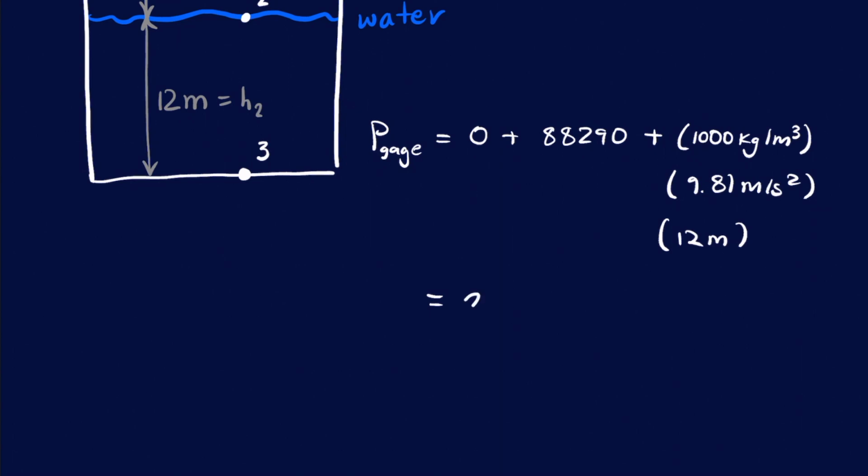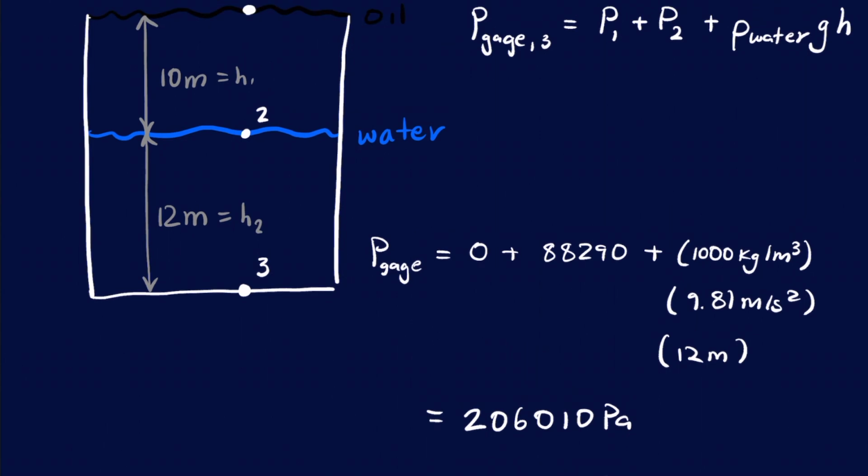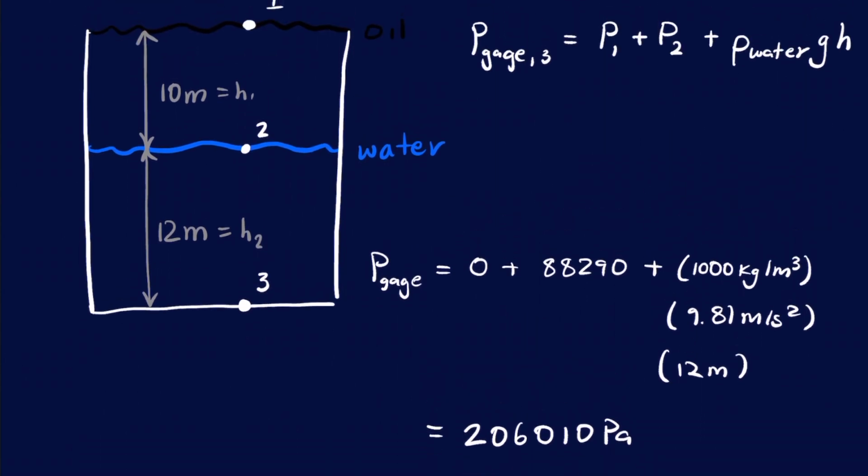Plugging this in, we get 206,010 pascals, or 206.01 kilopascals. So that's how you would find the gauge pressure at these 3 points. And as you can see from this question, the deeper you get, the greater the pressure is because of the liquid on top.